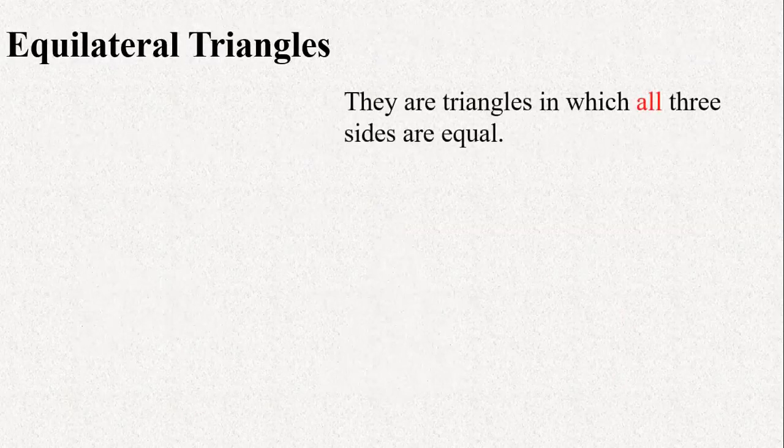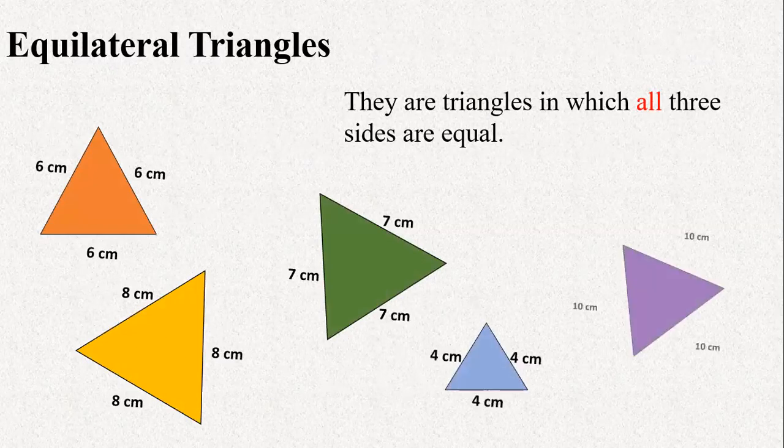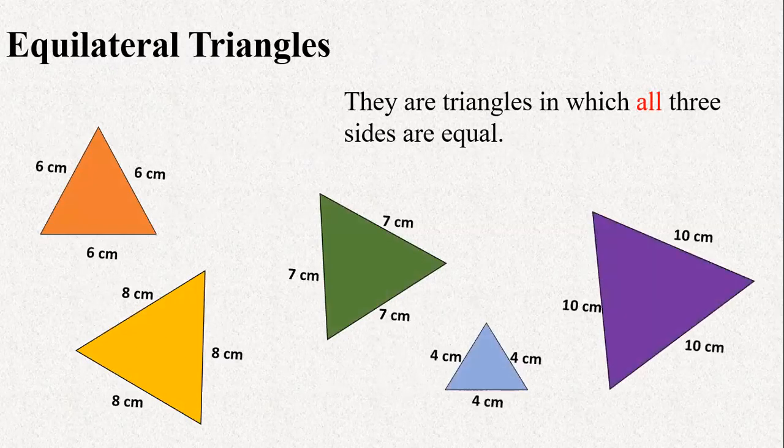Equilateral triangles are triangles in which all 3 sides are equal. Let's look at examples. We see that all of them have 3 equal sides, so they are equilateral triangles. And I want to give a note here.